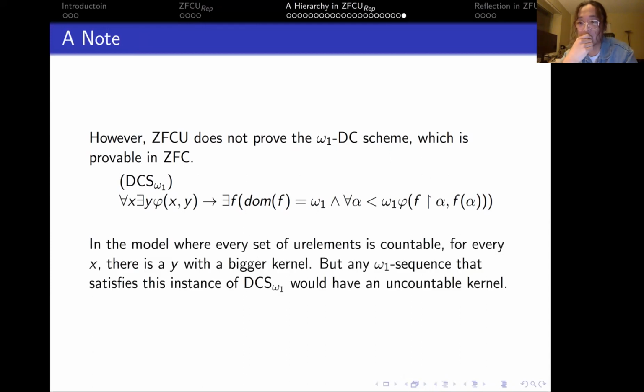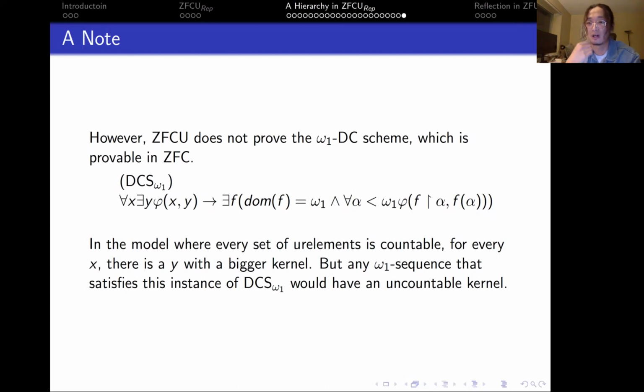So just consider a model where every set of Ward elements is countable, but there's a proper class of Ward elements. For every set X, there is Y with a bigger kernel, but it cannot be an omega-1 descending chain. Otherwise, the chain will have an uncountable kernel. So this shows that DC with omega-1 fails in that model.